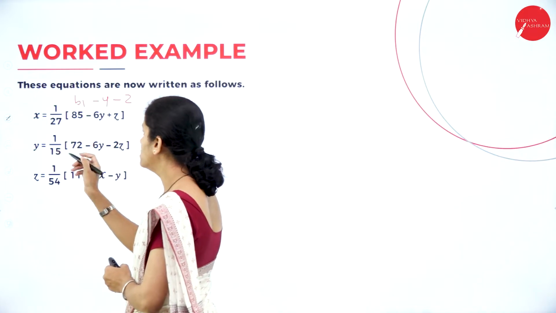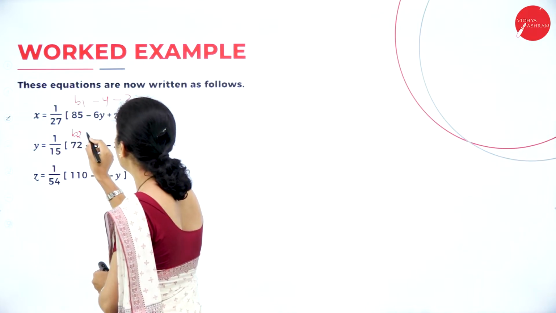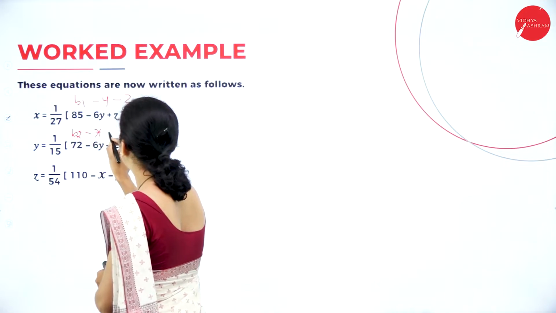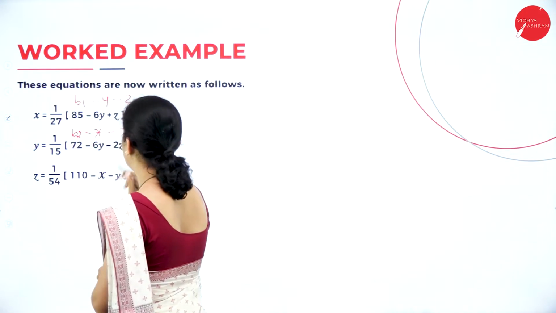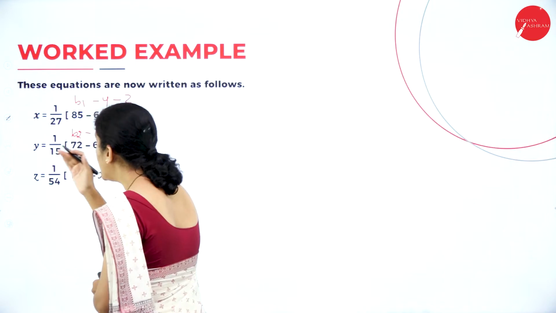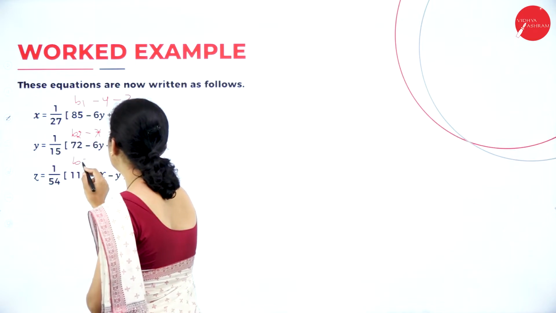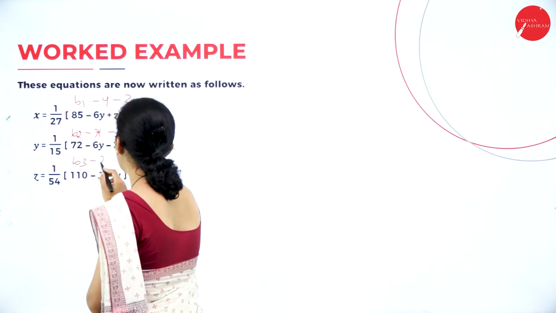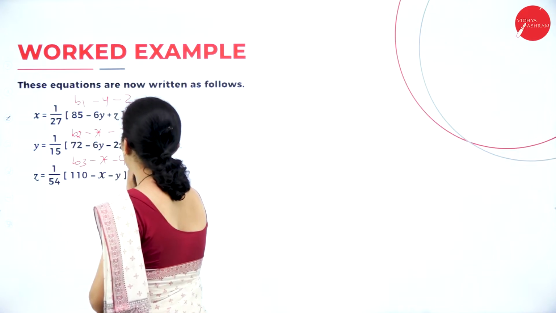Now for y, it is b2 minus x minus z. And for z, it is b3 minus x minus y.